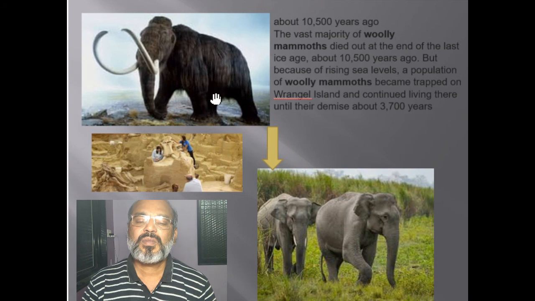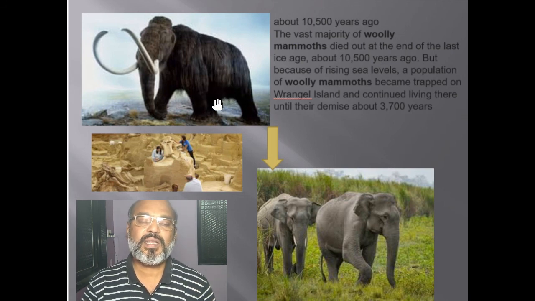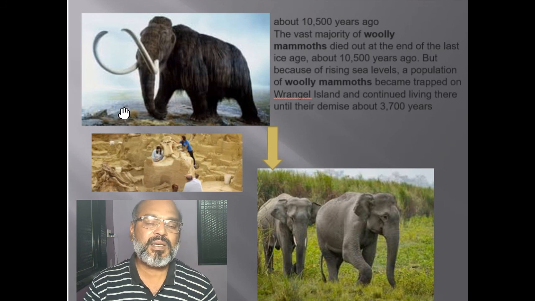Thus, the natural preservation of specimens in the polar region: not only the mammoth, various other animals like polar bears, polar foxes, and polar rabbits are also observed, very well preserved in the low temperature of the polar region, buried under the snow and ice.